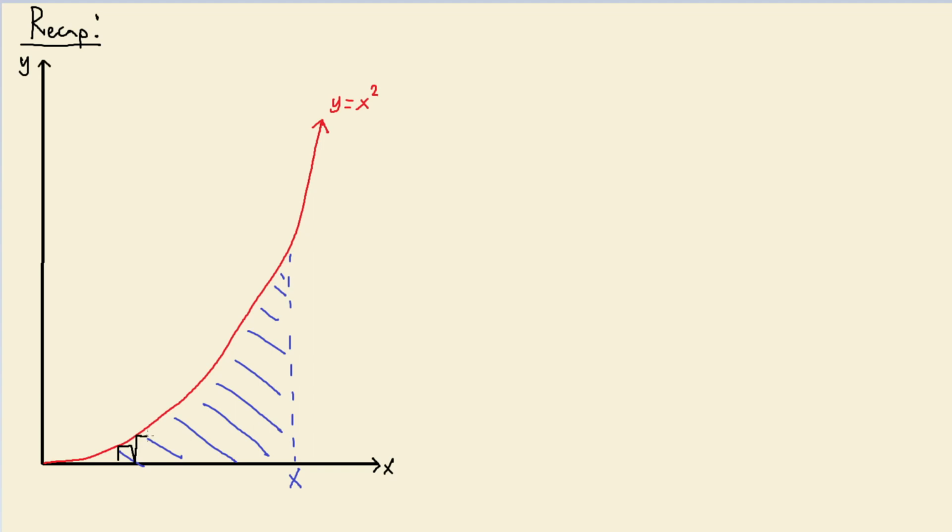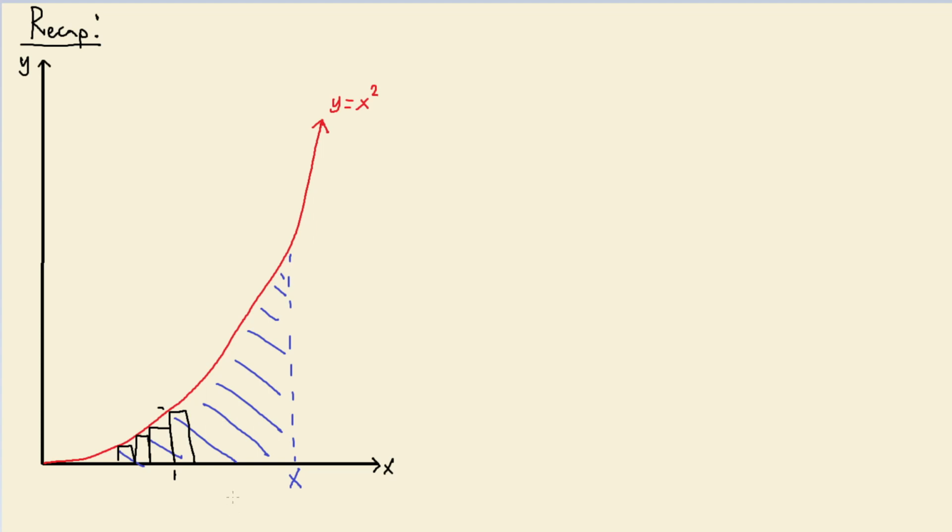That would form the width of each rectangle. And then the height of each rectangle, in the example that we use, would be the function evaluated at the beginning of each interval. So for example, the height of this rectangle is the function evaluated at the beginning of this interval. And what that winds up being is this height right here. That forms the height of the rectangle.